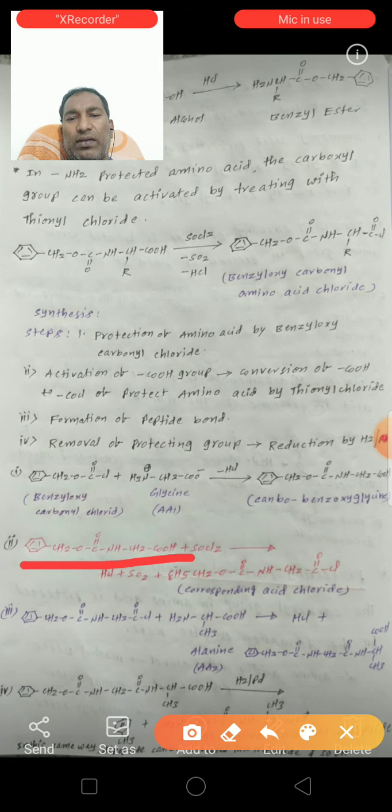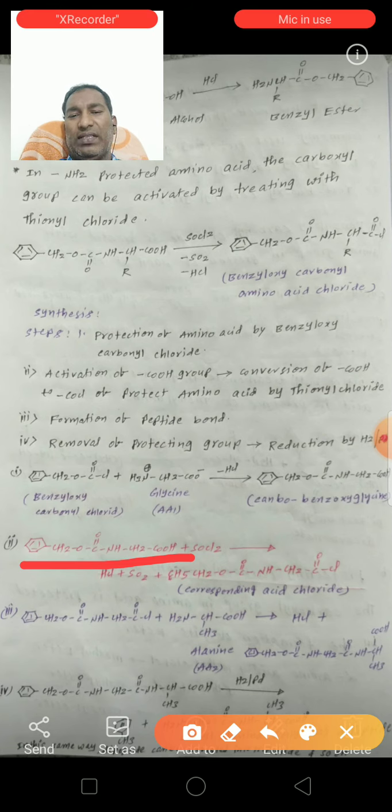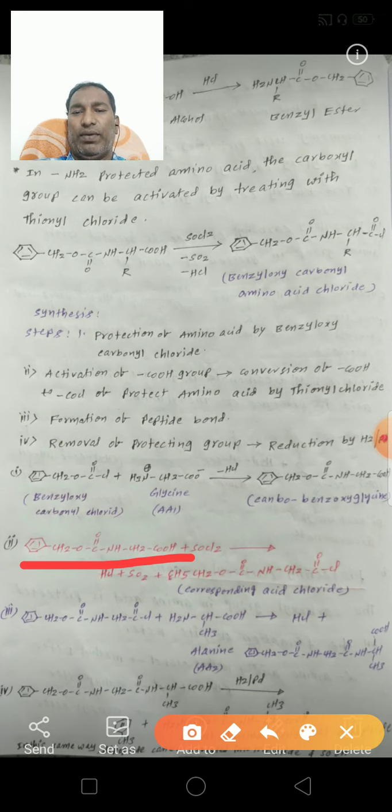This is the corresponding acid chloride. Then this reacts with the second mole of amino acid, that is alanine. By removing a water molecule, we form this amino acid derivative.